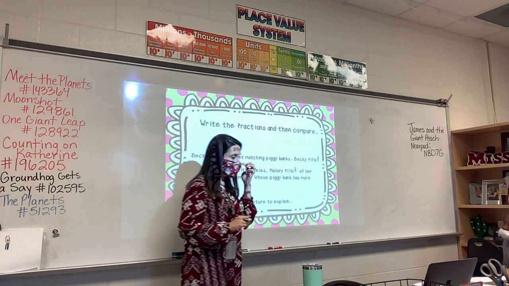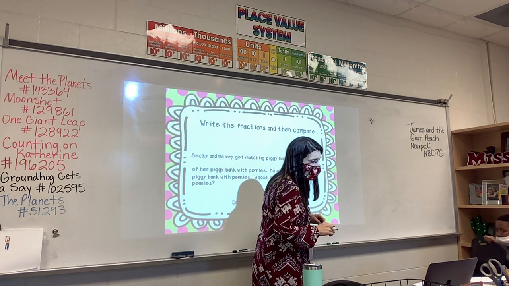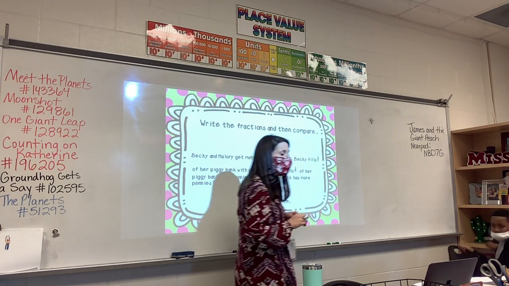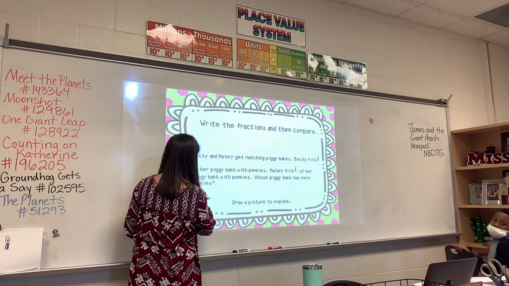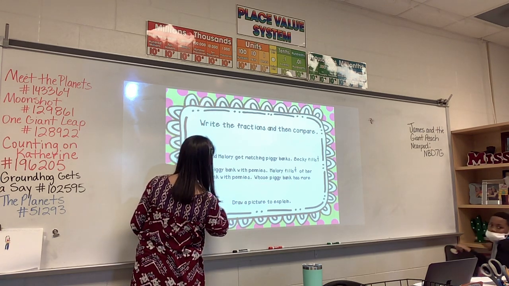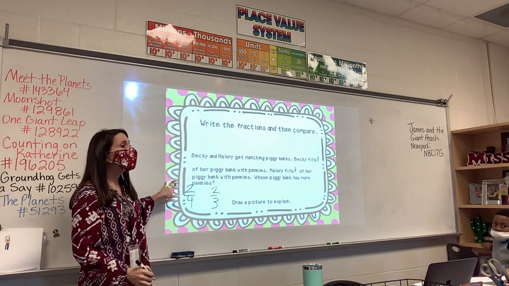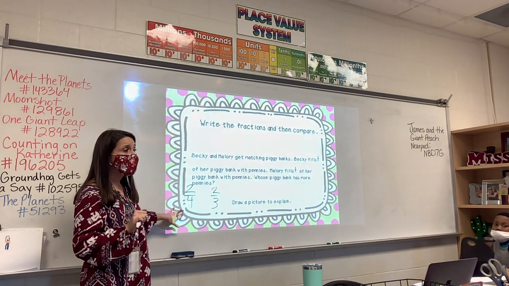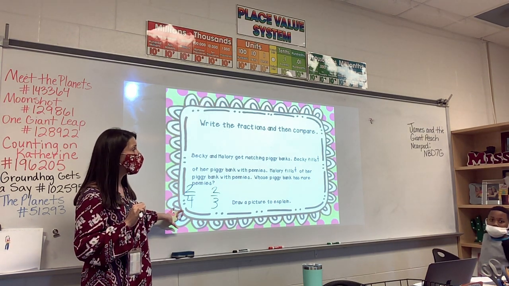Becky and Mallory get matching piggy banks. Becky fills 2/3 of her piggy bank with pennies. Mallory fills 2/4 of her piggy bank with pennies. Whose piggy bank has more pennies? So we're comparing 2/4 and 2/3. Same numerator. Look at the denominator.